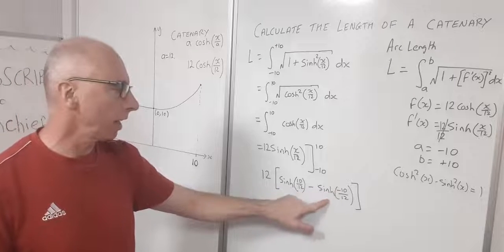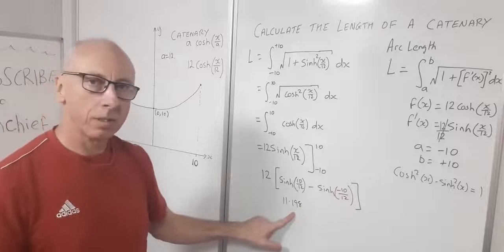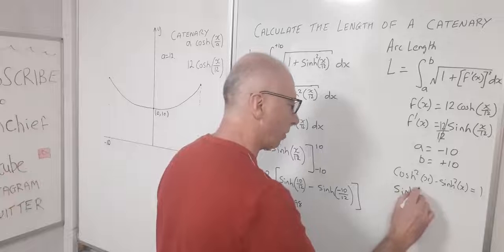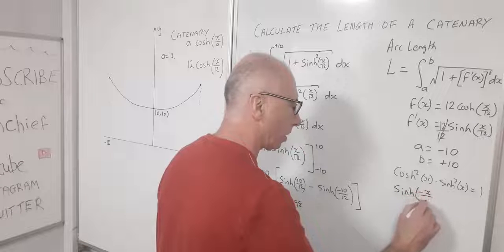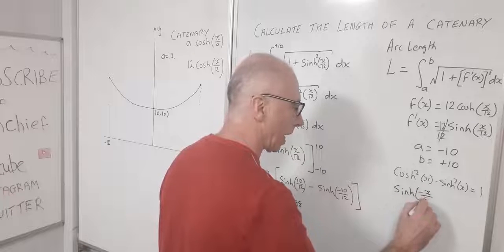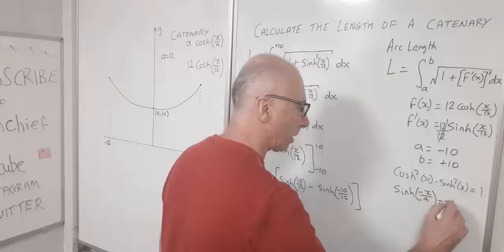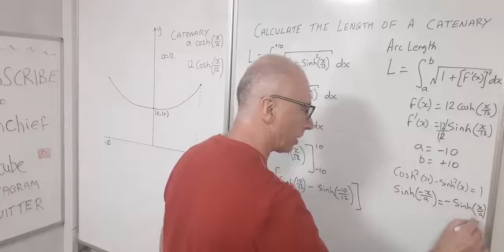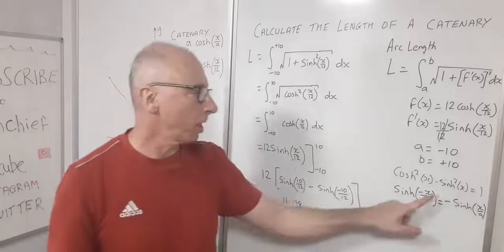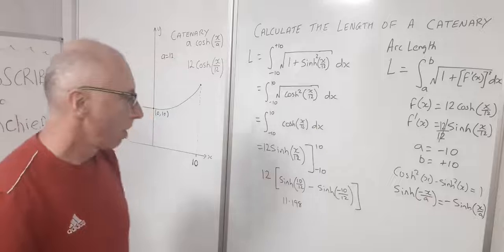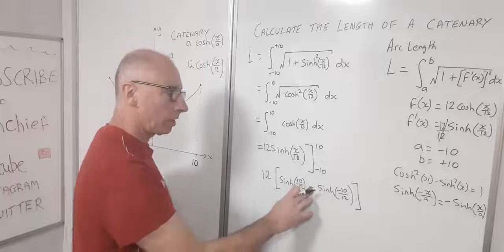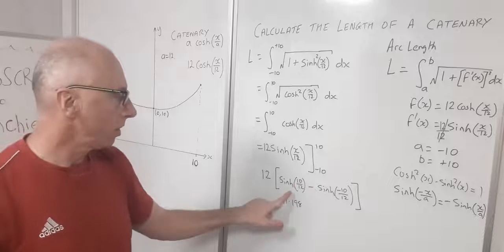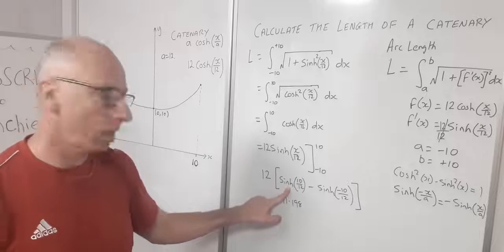Now there's an identity we can use to make this a little bit simpler, where sinh of minus x over a equals minus sinh of x over a. So we can take the minus sign out and bring it to the front. If we do that to this one, this minus sign will become a positive. So therefore we can add the same result as we got for 12 times sinh of 10 over 12.